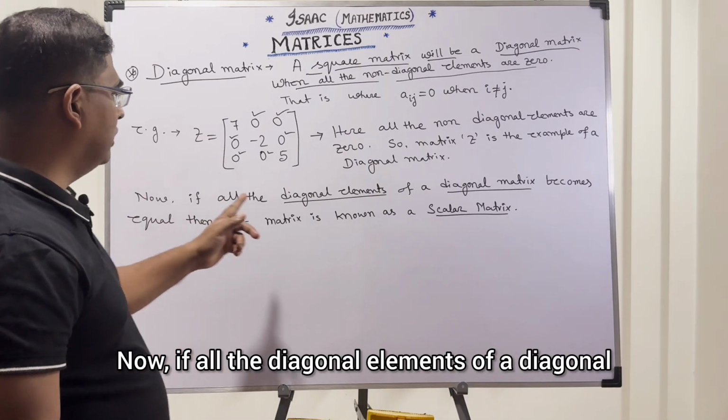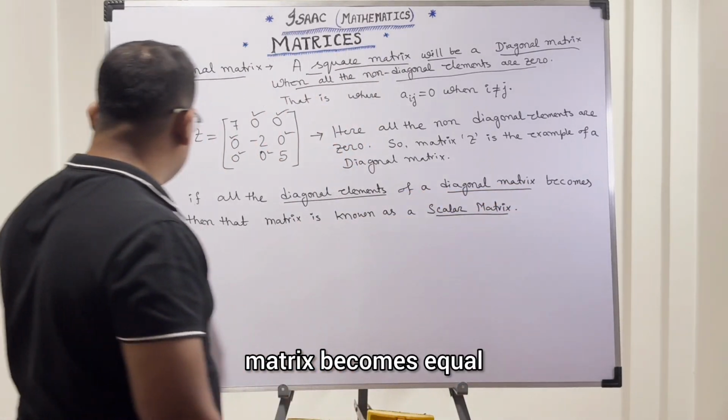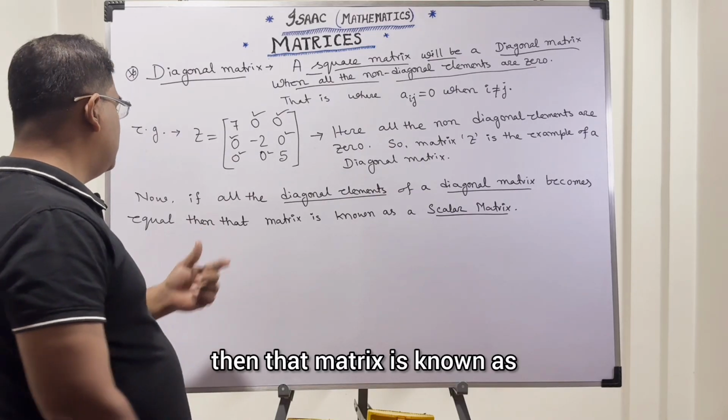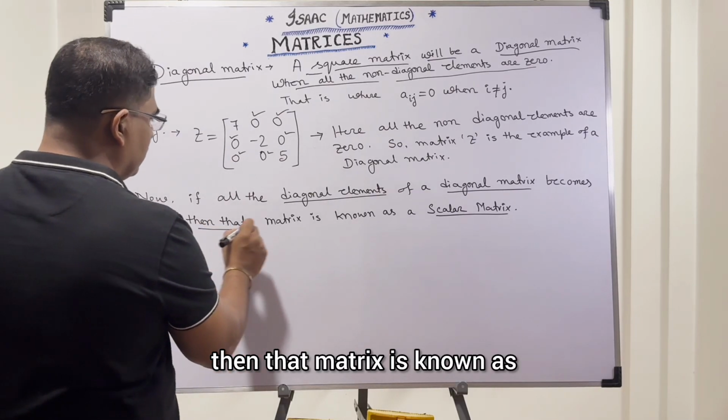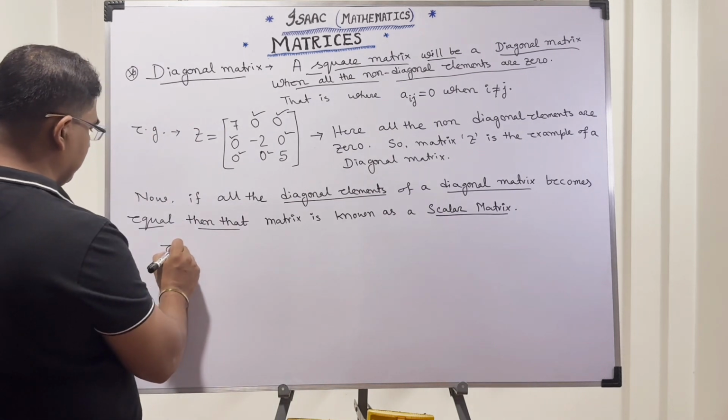Now, if all the diagonal elements of a diagonal matrix become equal, then that matrix is known as a scalar matrix. Example.